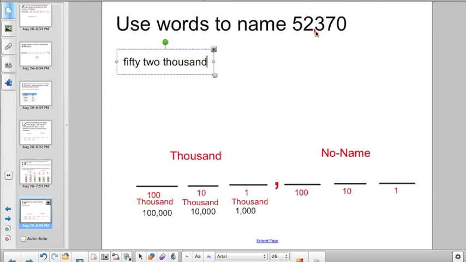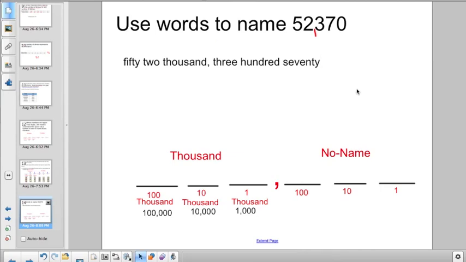There's a comma after the number, so I need a comma after the word. Now let's do the other side. I have the digits 3, 7, and 0, right? How do I pronounce that? 370. And 370 is in the no name group, so I don't have to say anything after that.